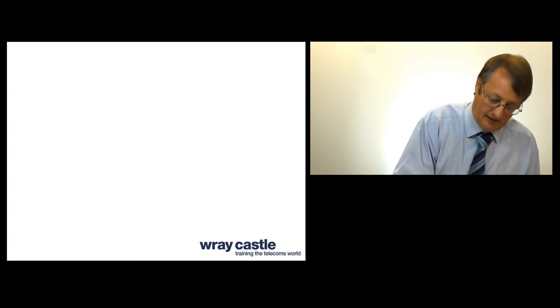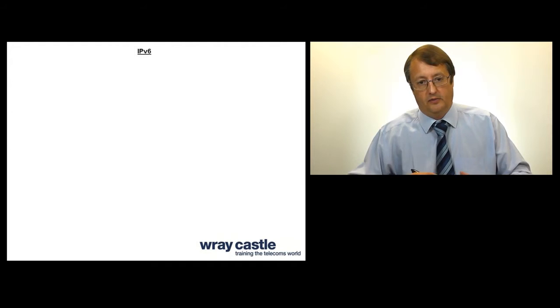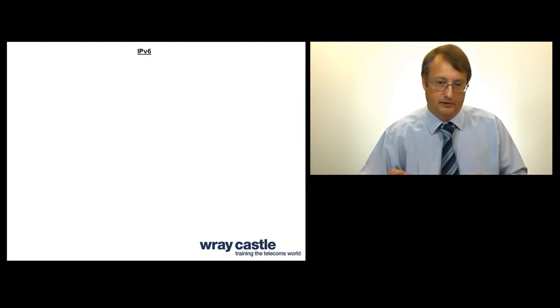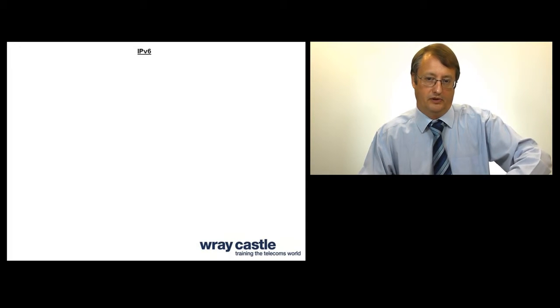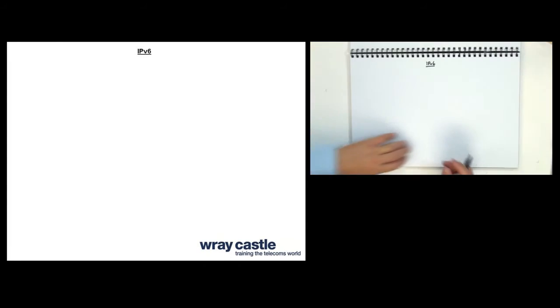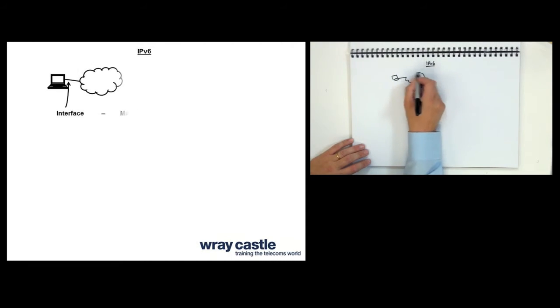What about IPv6? Slightly different world, IPv6. Of course, we've got a bigger address space to deal with, but also IPv6 started from a different standpoint. It saw some of the problems in IPv4 and improved upon them. So when we consider a device wanting to be a member of a network, what we have to bear in mind is that that physical interface there, if you remember, has an address already.